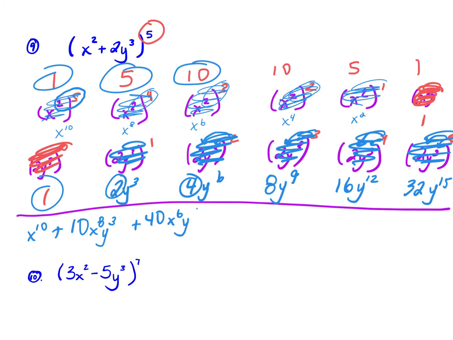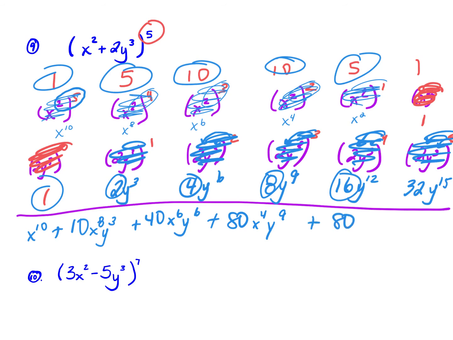Yep. Plus 10 times 8, 80. X to the 4th, y to the what? 9. Perfect. 5 times 16, 80. X to the 2nd, y to the 12th. And then 1 times 1 times 32 is 32, y to the 15th.